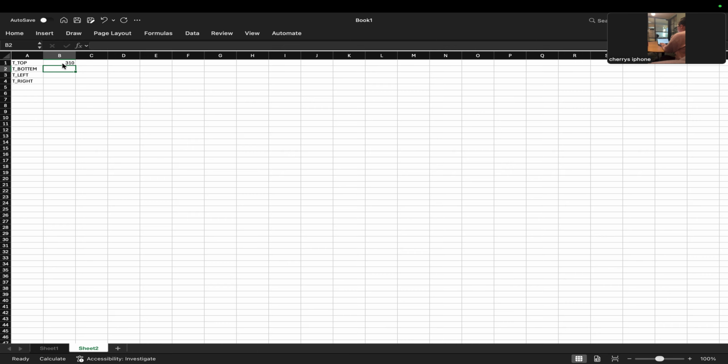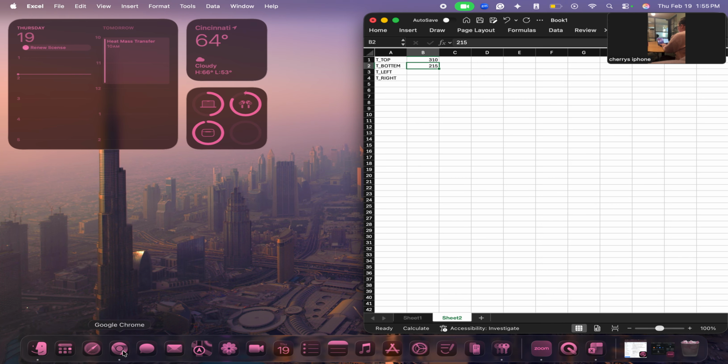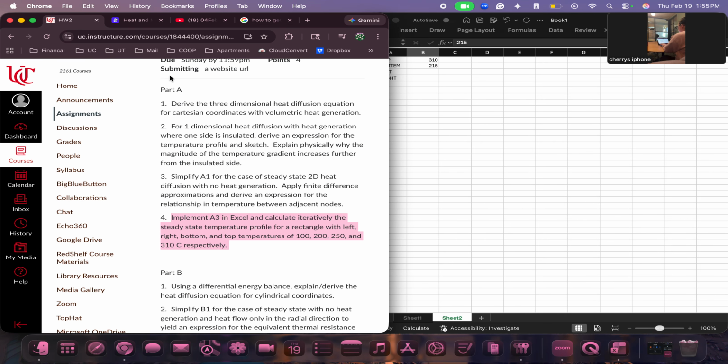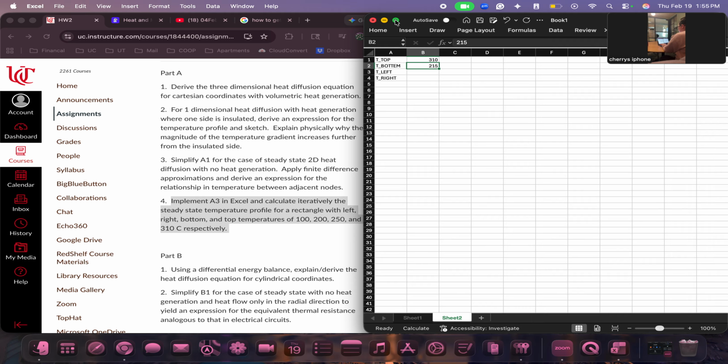T bottom was 250. Left was 100 and right was 200. All right.